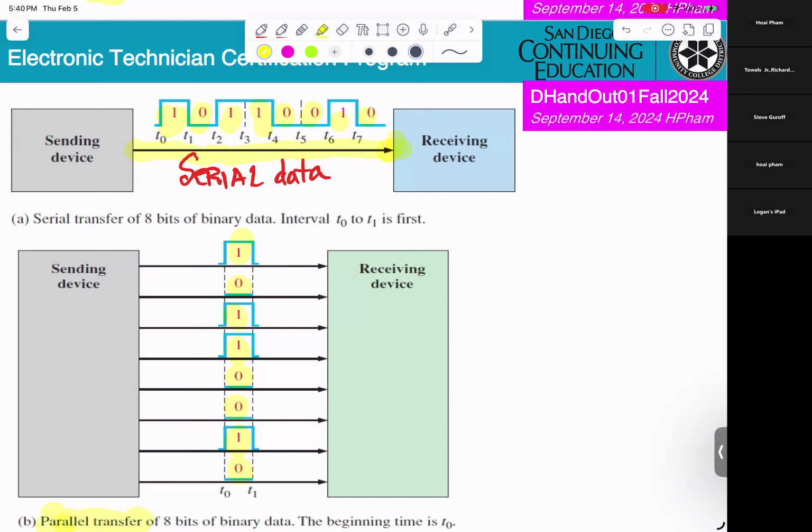The one we just did was serial data. So with parallel data, you transmit 8 bits, you need 8 wires, 1 wire for 1 bit. However, to transmit serial data, you need only 1 wire. You can transmit 8 bits, 1000 bits, okay? We don't need any more wire.